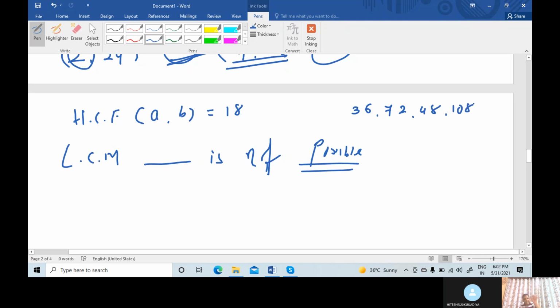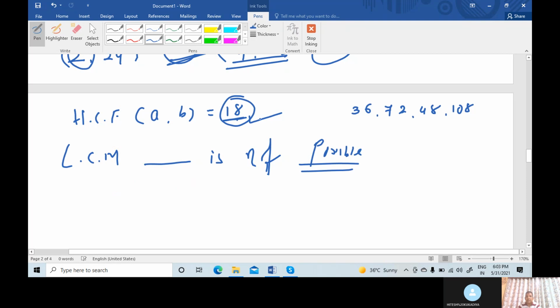We have already explained this when we started HCF and LCM. We always say the rule: here HCF is 18, so the HCF answer 18 is always smaller than A and smaller than B, otherwise equal. Our concept is this one. Now speak your 18 table.